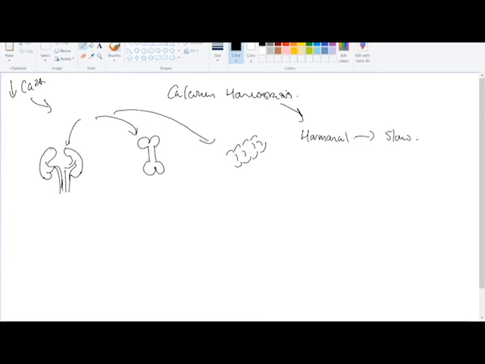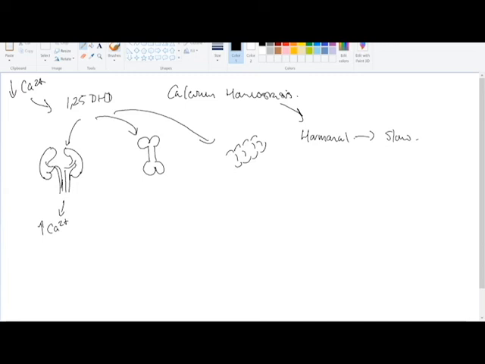So now we're looking at 1,2,5-DHD. And what it is going to do with the kidney, the bone, and the gastrointestinal tract. So, in the kidney, what it will do is it will also cause the distal convoluted tubule to increase calcium resorption. But now that we're generating 1,2,5-DHD, don't forget parathyroid hormone did this in the first step.